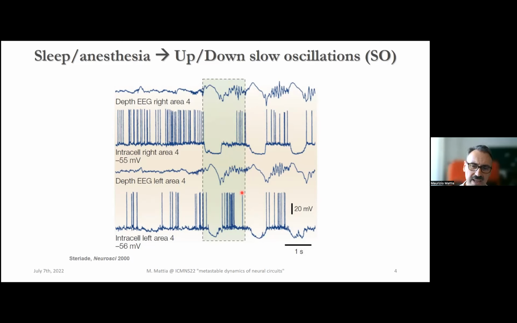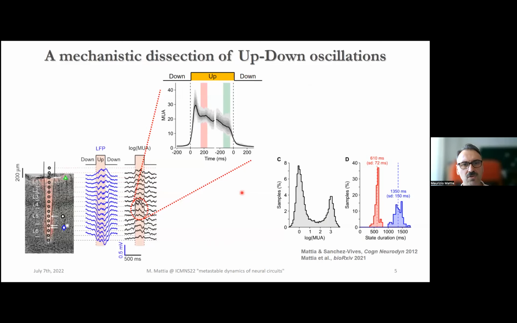And you can describe this kind of phenomenon by having a look at the detailed time course of the firing rate from intracortical recordings. This is an example coming from the Maria Sanchez-Vives lab in Barcelona. This is work we've done together.